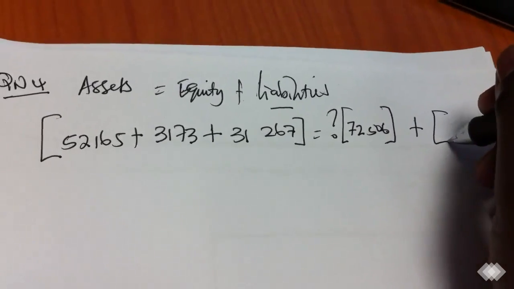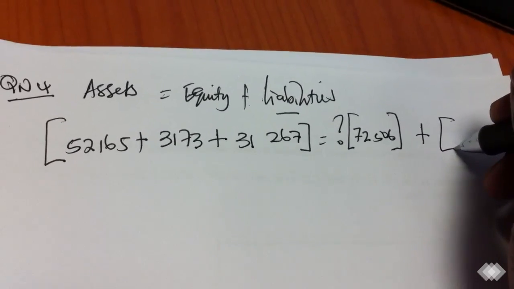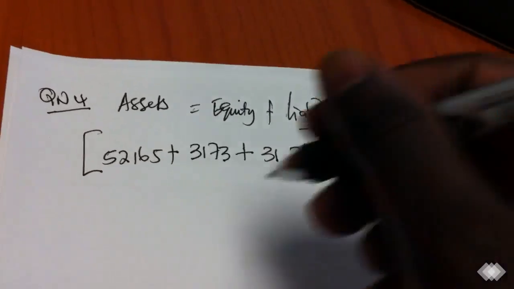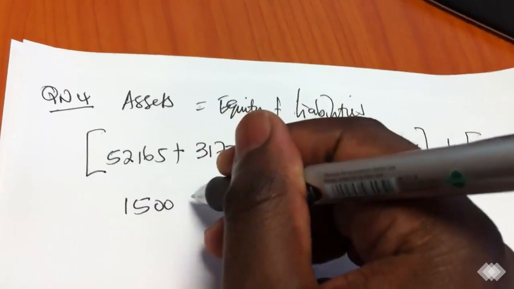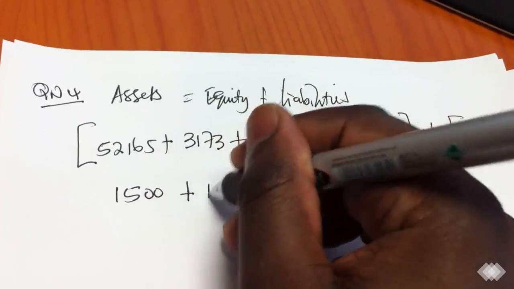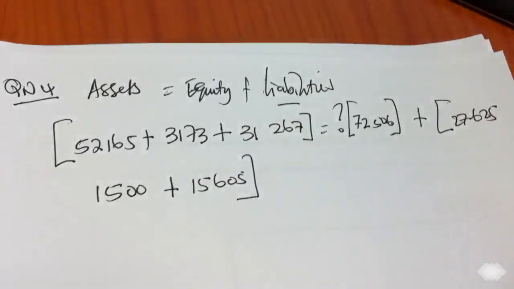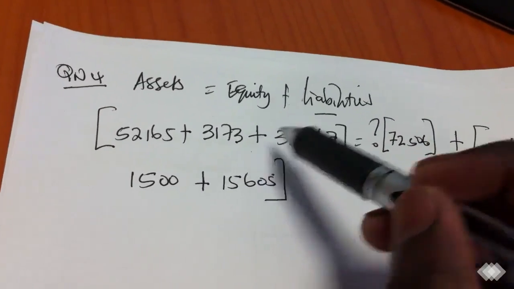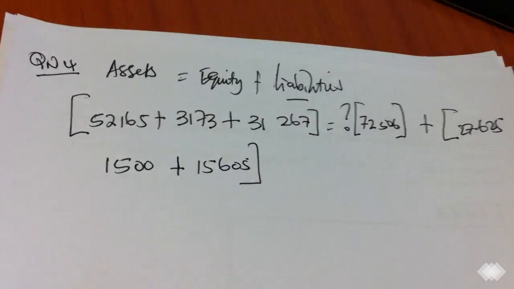plus your liabilities. How much are your liabilities? Payables, you have 27625. Income in advance 1500. Accrued expenses 15605. So this should balance. When there's an equal sign, it means it should be the same.